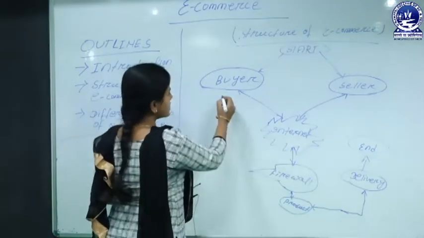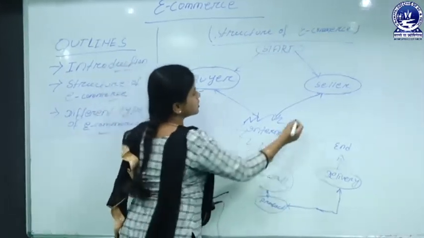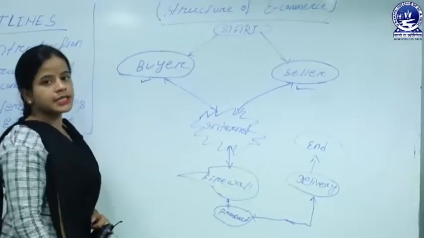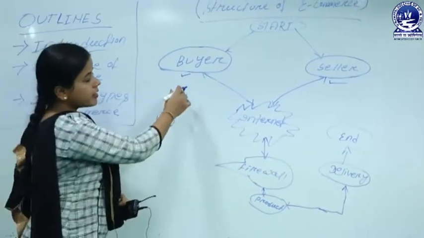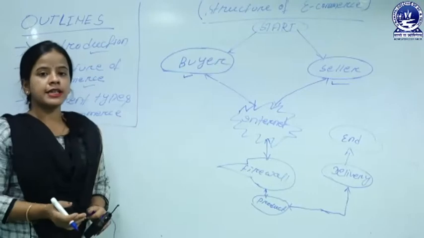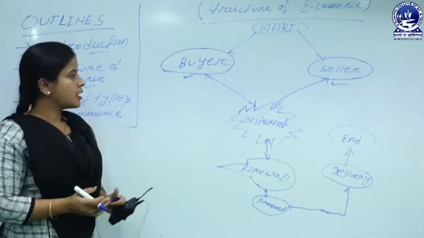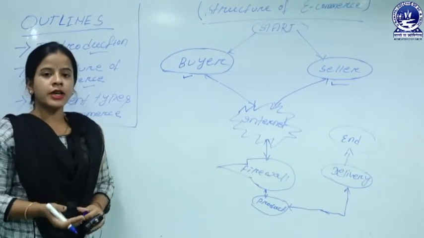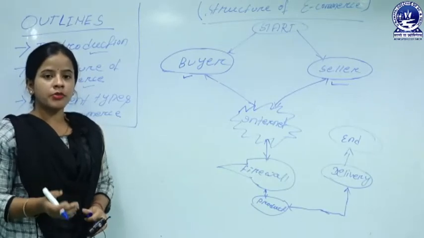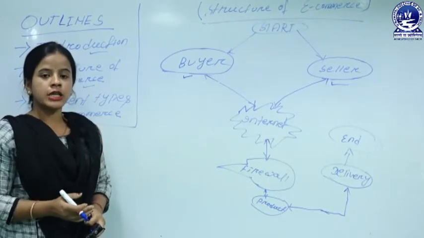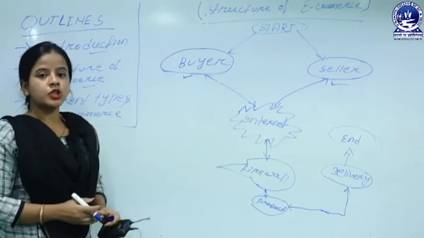So here is the structure of e-commerce, and it contains different types of components. First, it requires two components, one is the buyer and the other is the seller. Here the buyer is an individual or any business that purchases some product from different company sites through the internet connection.